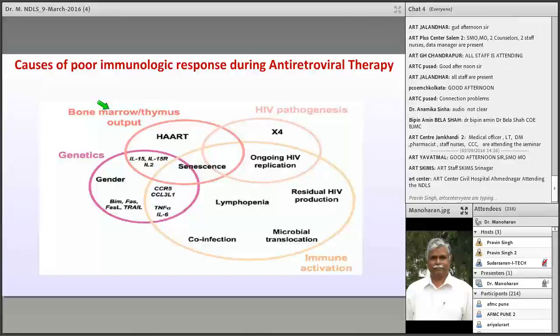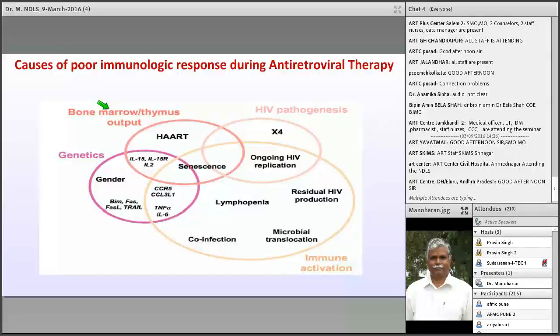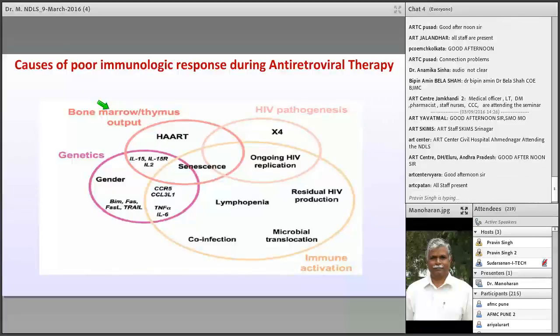Earlier I showed you, when we start antiretroviral therapy, initially there is an increment of up to 20 cells per month during the first 6 to 10 months. So the thymus produces a lot of CD4 cells, and in the initial period there is also a shift of CD4 cells from the reservoir site to the blood.